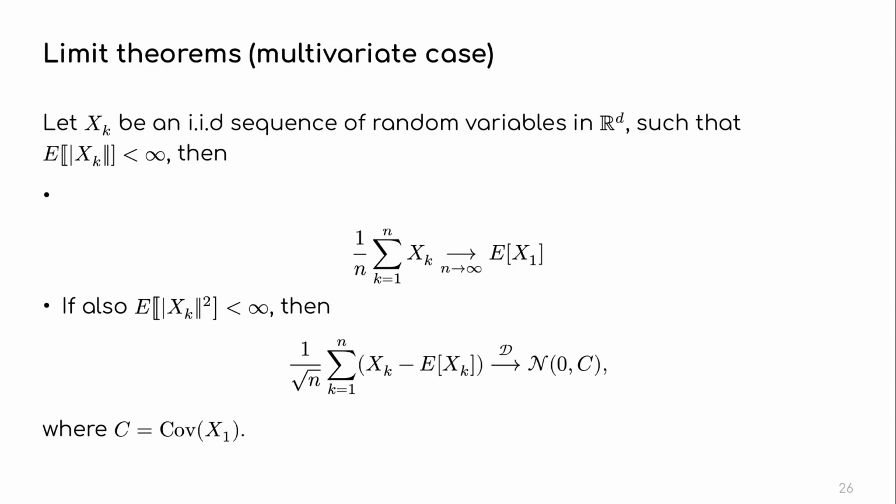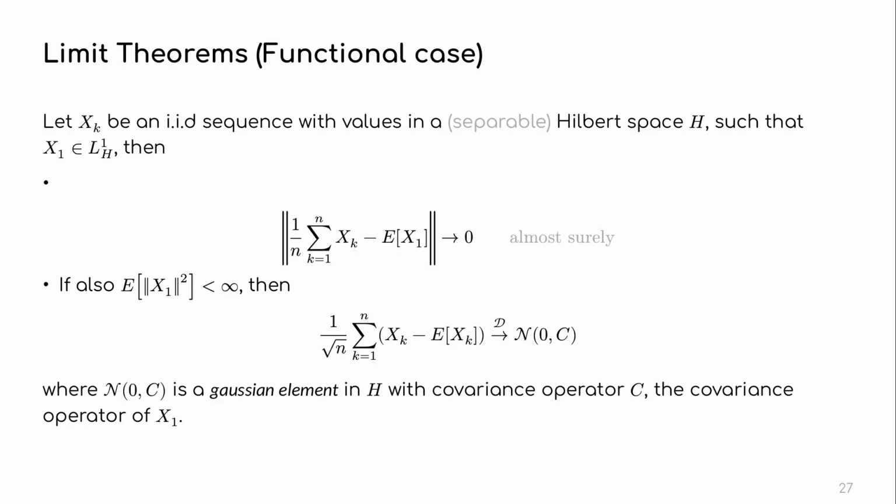That's the multivariate case, and it turns out that we basically have the same thing in the functional setting. So here now let's assume I have an IID sequence of values in a Hilbert space H such that they're integrable, so in L1 of H. Then first of all, I have to be a bit more careful, but it's essentially the same.